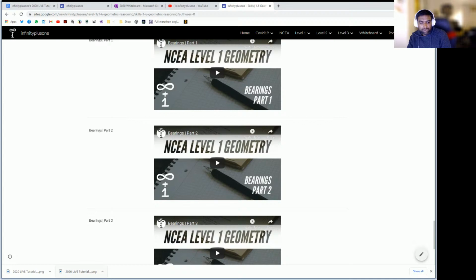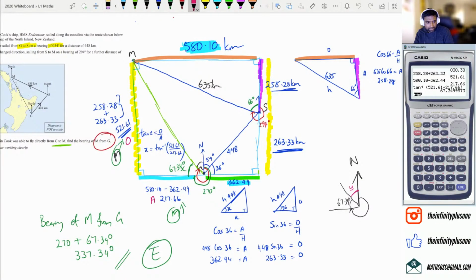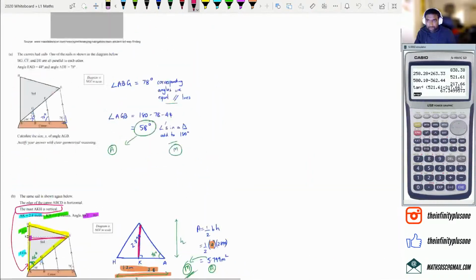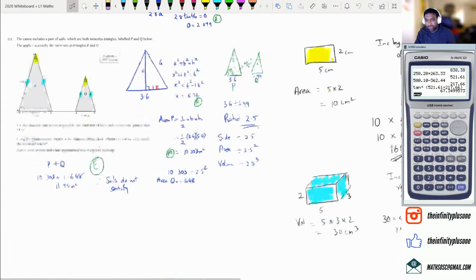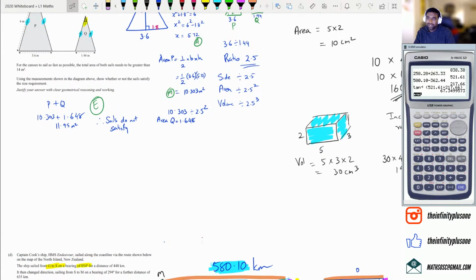Emma, I think if you know the previous thing that we just did, like this paper here, we only did 4 questions today. 2 of them were merit questions, and 2 of them were excellence questions.